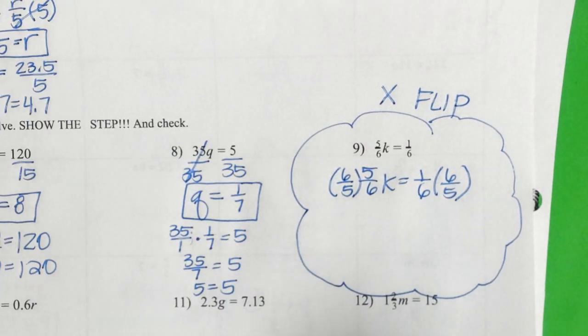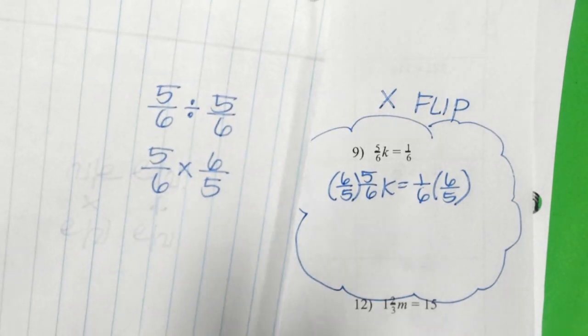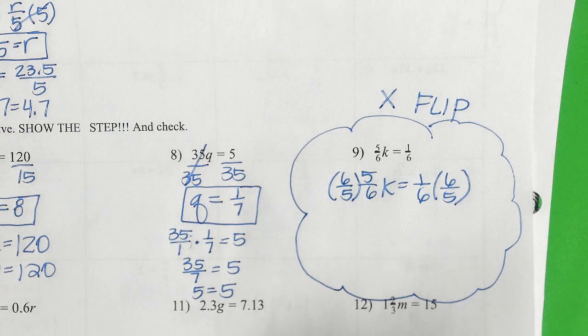Okay? When you were trying to cancel, hang on. Because what was my definition of a reciprocal? It is. But the reciprocal of a fraction, when I multiply them together, what do I get as my product? 1. And I always get 1.